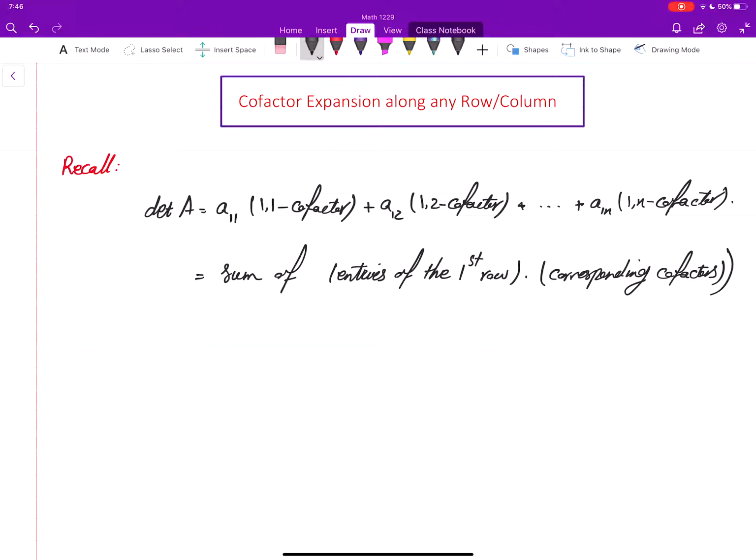So you multiply each entry of the first row by the corresponding cofactor and add them.